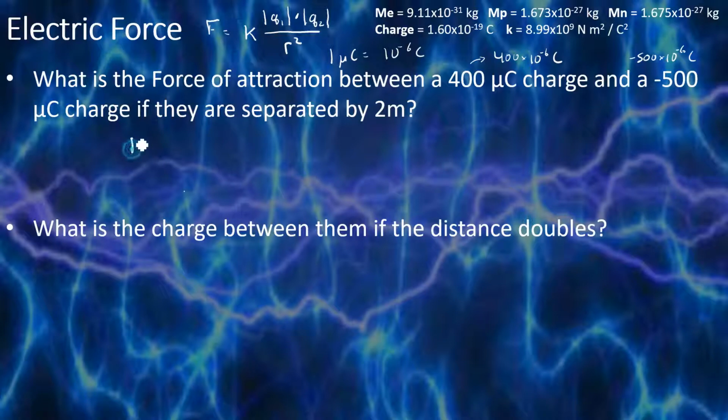Okay, so let's use our formula. Force is going to equal K. Now our K is right here. I would definitely program this into the calculator so you don't have to type it all the time. But it's going to be 8.99 times 10 to the 9th times, and we're going to have 400 times 10 to the negative 6 coulomb times negative 500 times 10 to the negative 6 all over r squared.